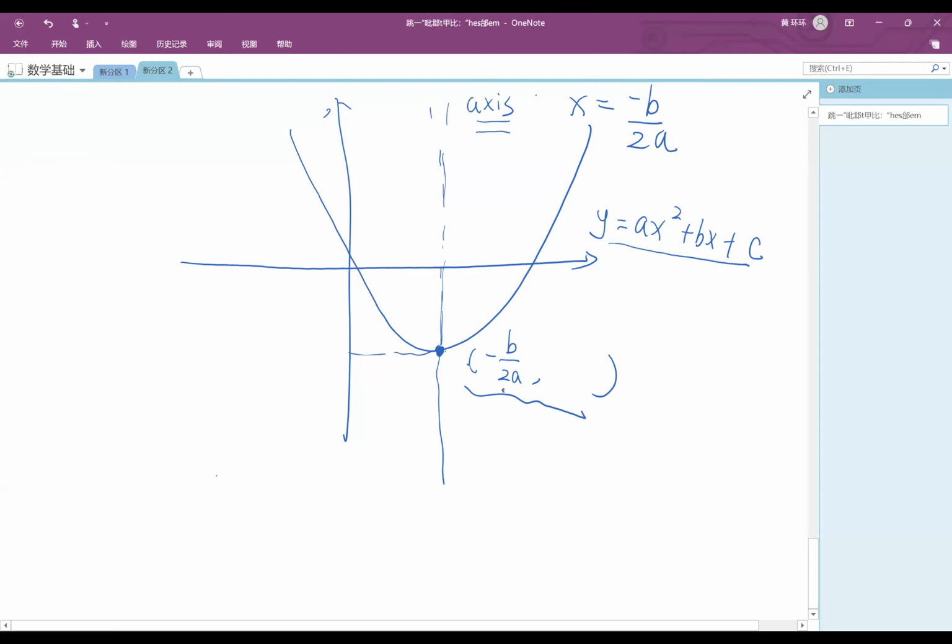So this point must satisfy this equation, right? So if we let x is equal to negative b over 2a in this equation, we can get the y coordinate for this point, right?